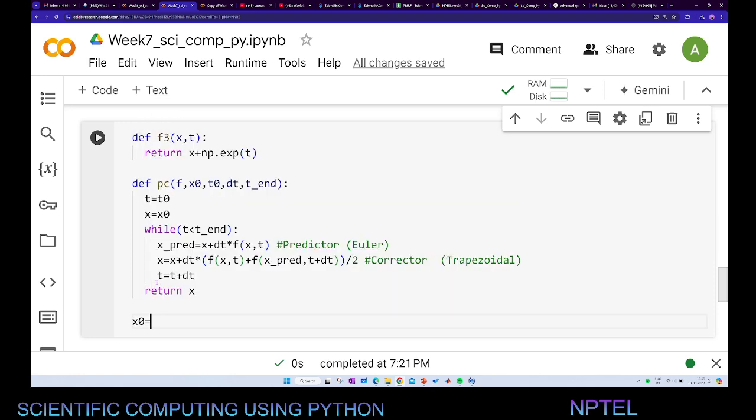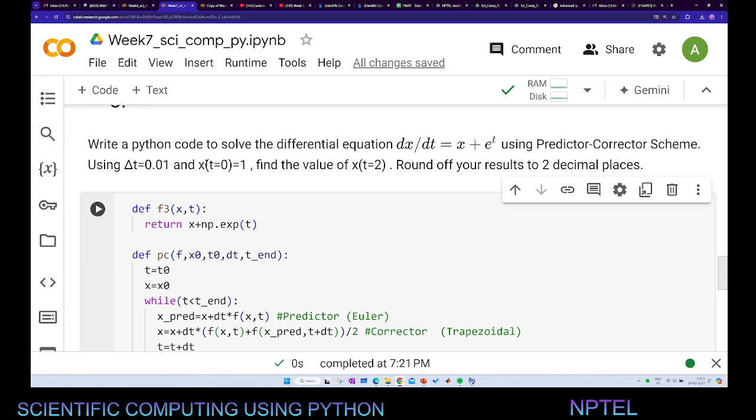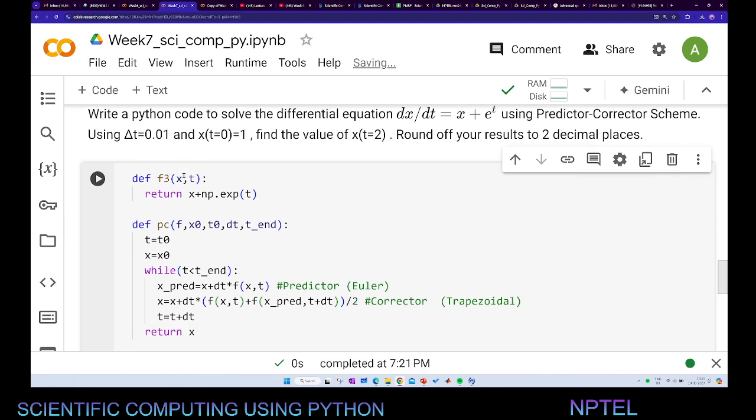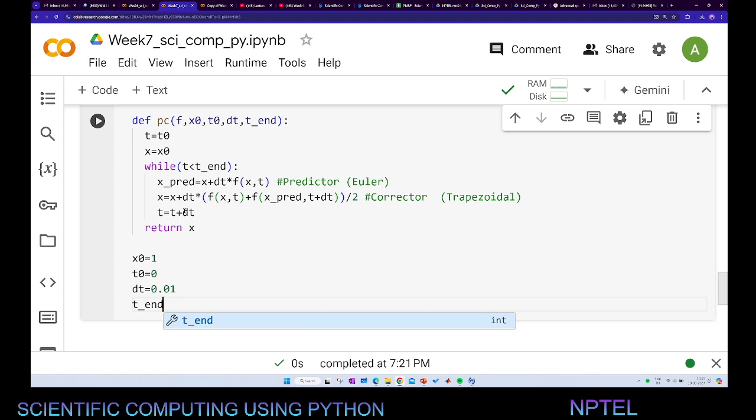t0 is 0, x0 is 1, delta t is 0.01, and final is 2. So t0 is 0, x0 was 1, dt is 0.01, and t end is 2.